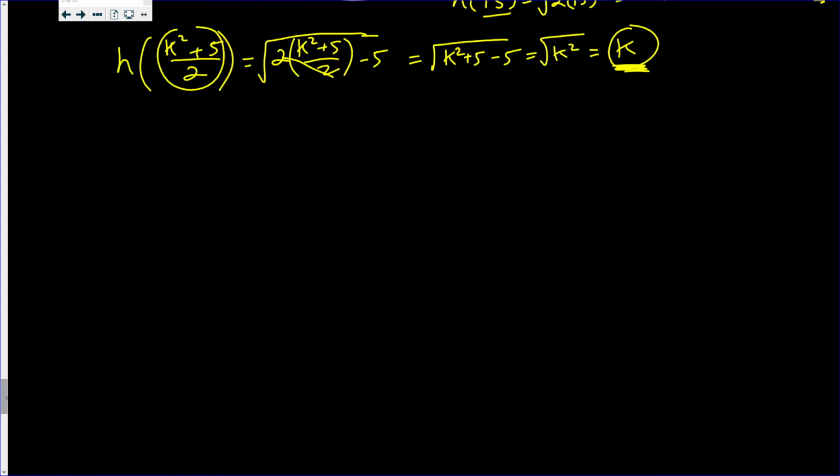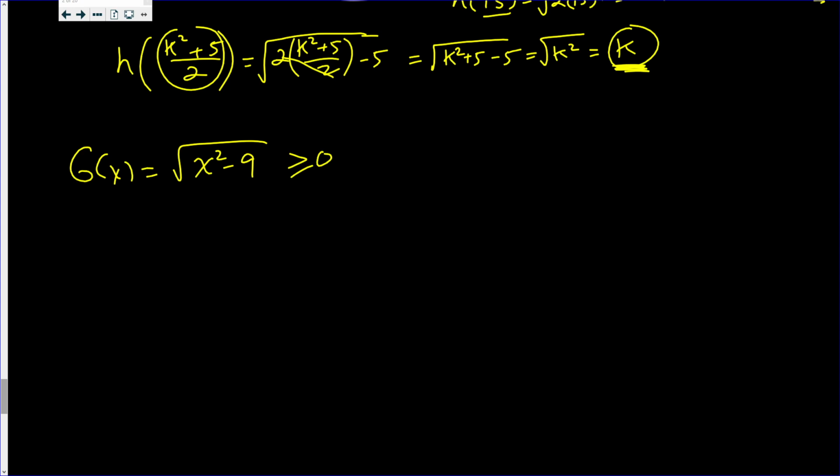This is heavy duty stuff, but you have to be able to do this. What if I tell you that g of x is equal to the square root of x squared minus 9? Well, we know that this is either 0 or positive. And possibly we can't even get those values. But it can't be negative, okay?